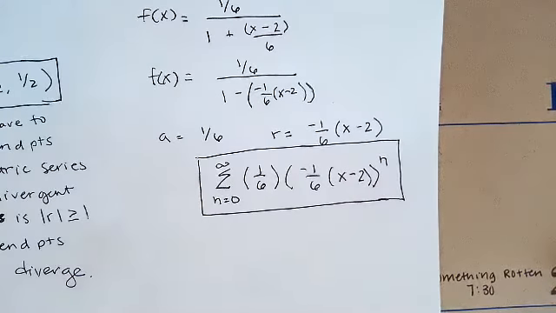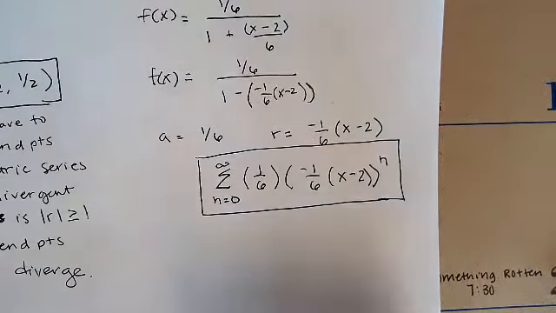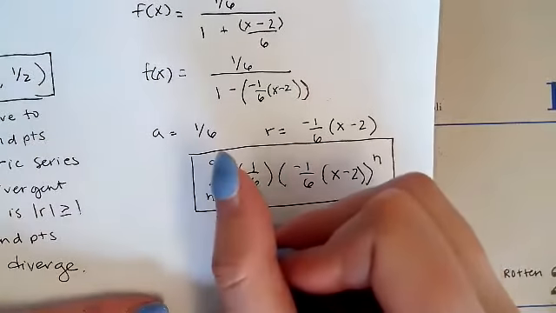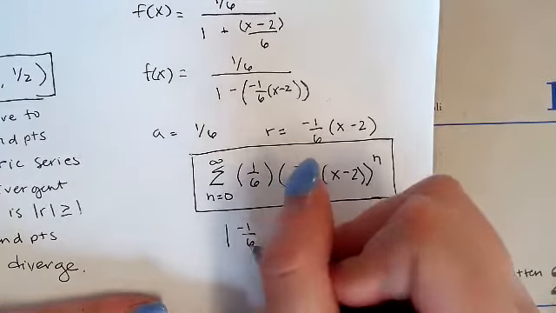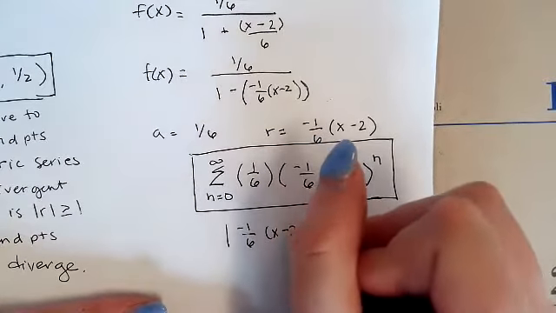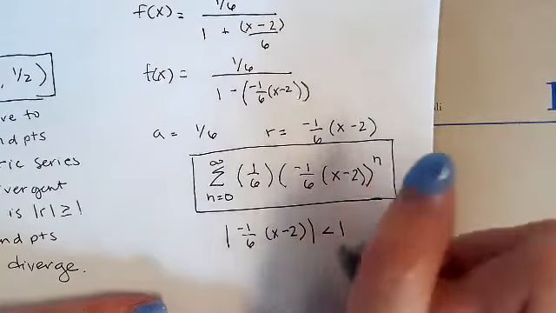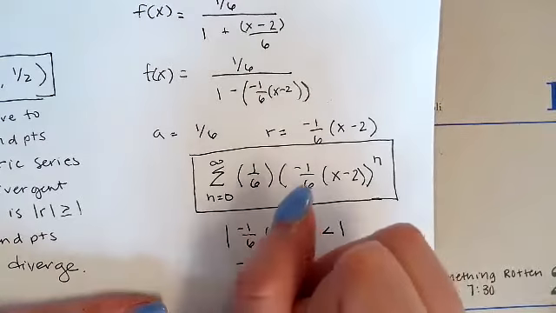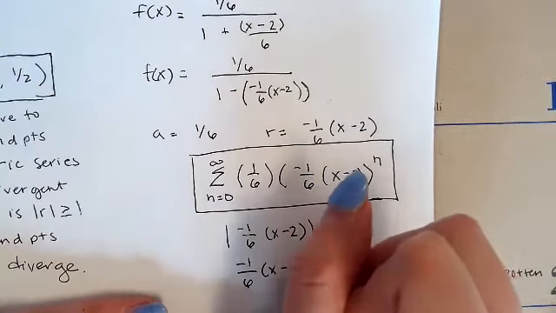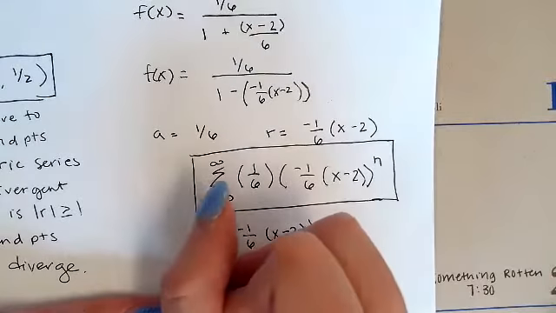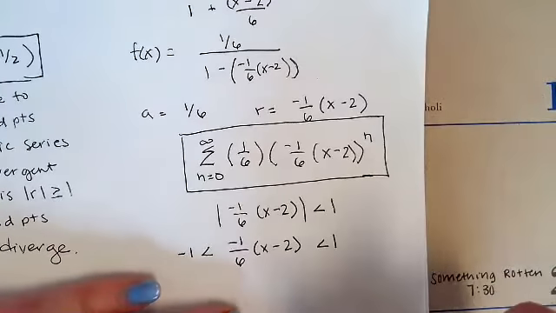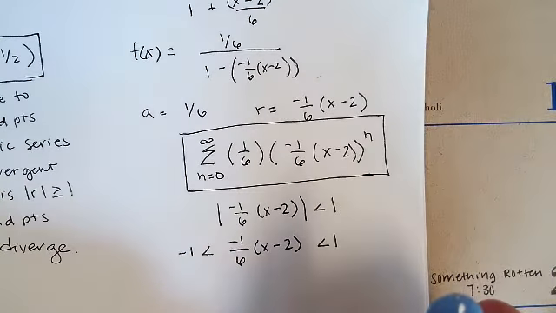Do you just put R in between the absolute value? That is absolutely it. We take R in the absolute value and compare it to 1, which really means it is between 1 and -1. Do we multiply by 6 or -6?